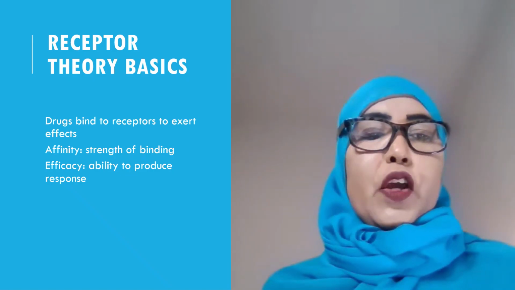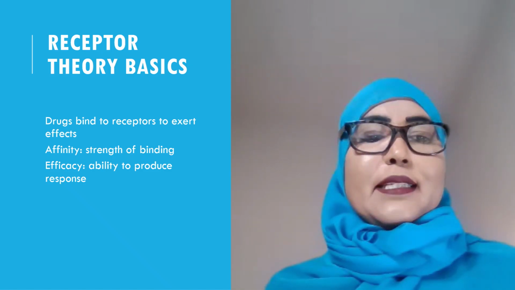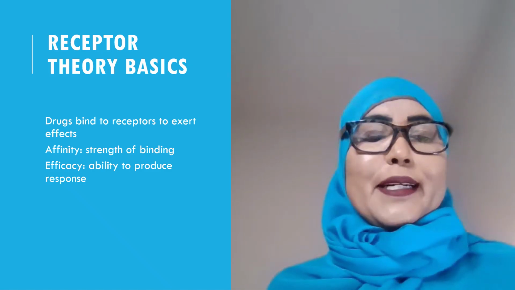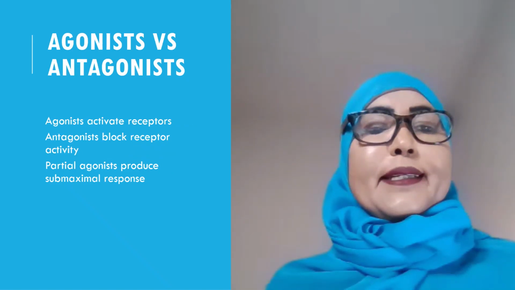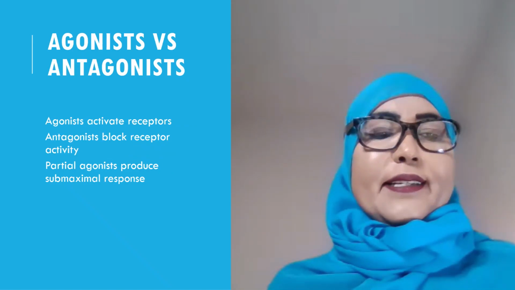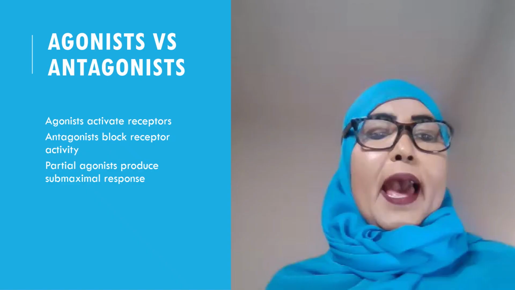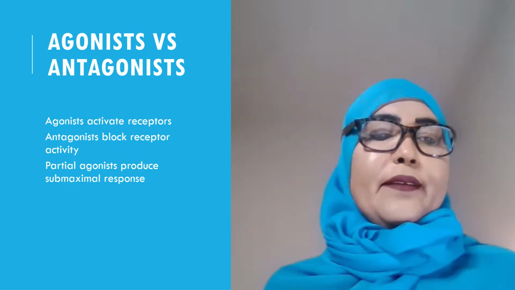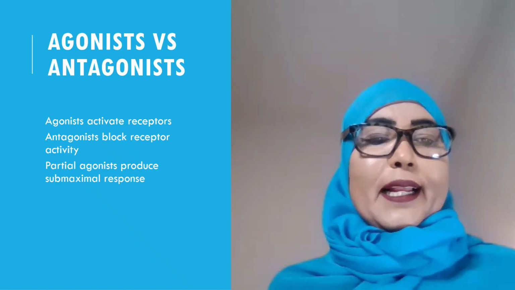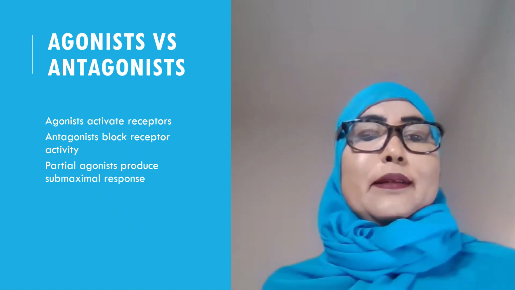Affinity is the strength of the bond. Efficacy is the ability to produce response. Agonists versus antagonists. Agonist activates the receptors. Antagonist blocks the receptors' activity. Partial agonists produce submaximal response.